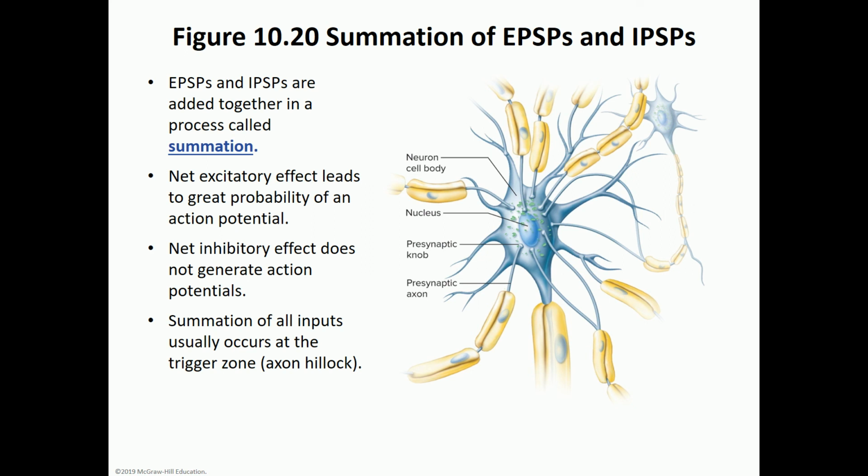It'll sum up how many EPSPs am I getting versus how many IPSPs am I getting, and add those up and see, am I going to eventually be stimulated or inhibited? It kind of goes through its pros and cons and puts them together. That process of summation occurs right here in this funnel-shaped area known as the axon hillock, and hence that's why we call it the trigger zone.